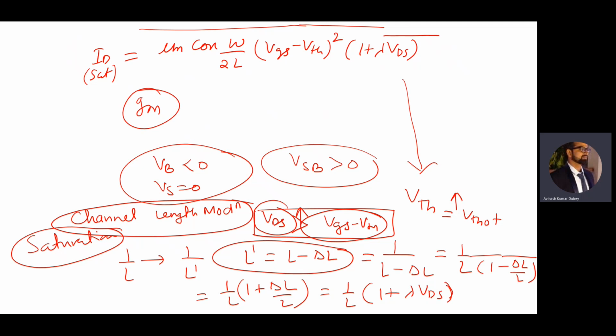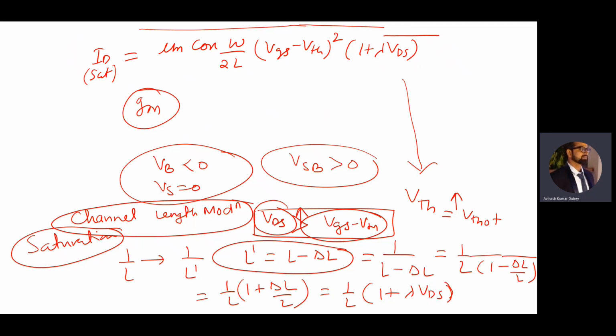For this condition, when VGS is less than VTH, there is some current, and that current depends exponentially on the gate to source voltage. That is called subthreshold conduction. Subthreshold conduction means that below the threshold voltage there is some conduction, some flow of current.